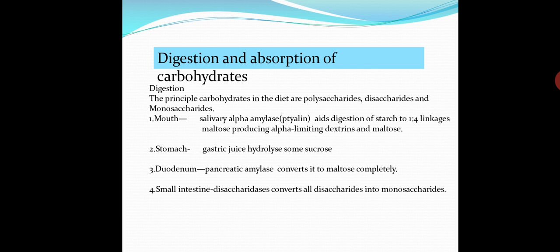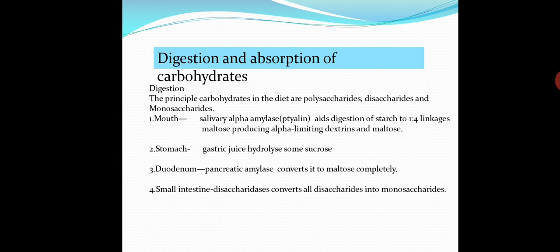In the small intestine, succus entericus contains disaccharidases, that is, enzymes for splitting disaccharides into monosaccharides. Here, sucrose in the presence of sucrase at a pH of 5 to 7 gets converted to glucose and fructose.